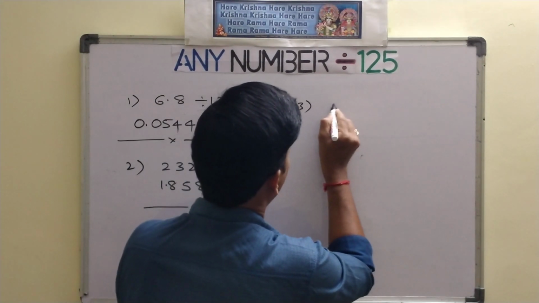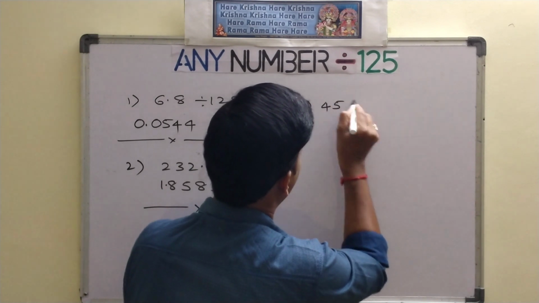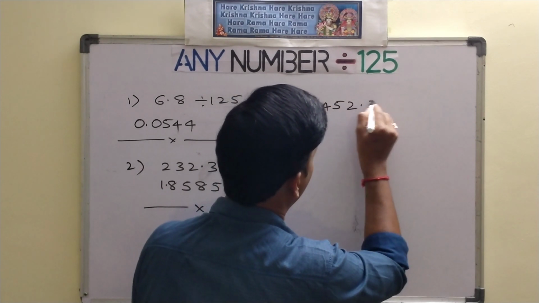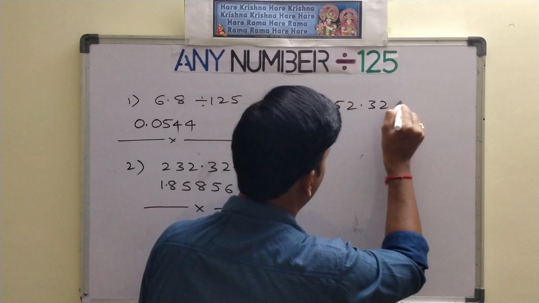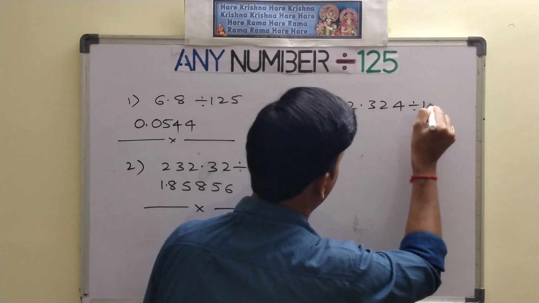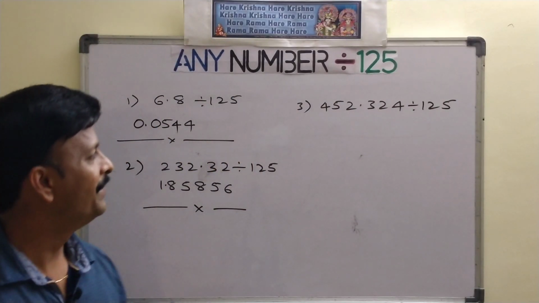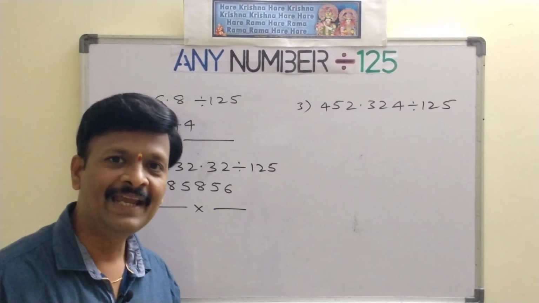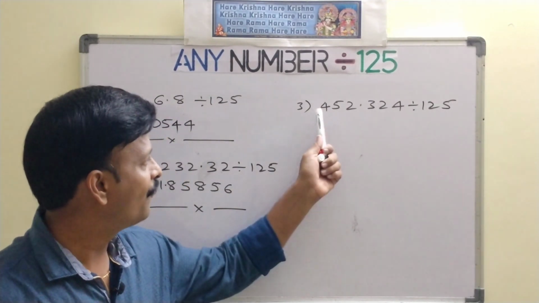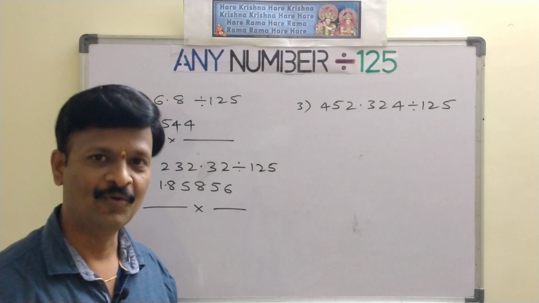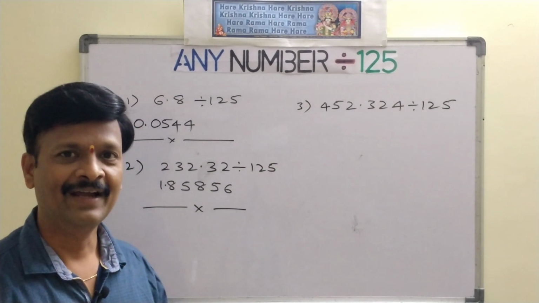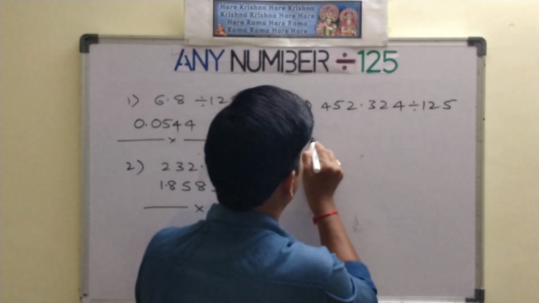Like this. Means 452.324 divided by 125. So what is the result?